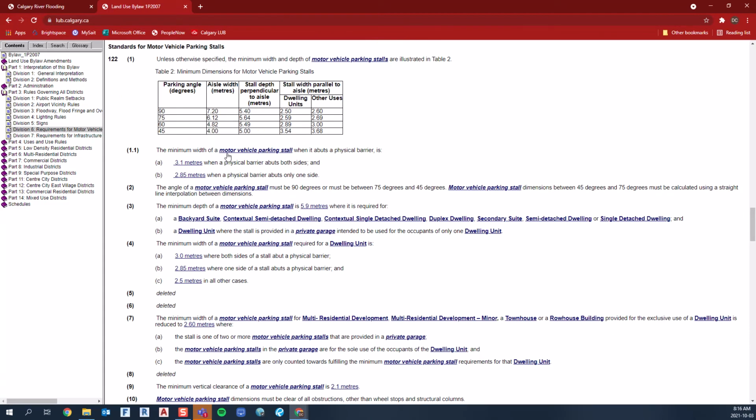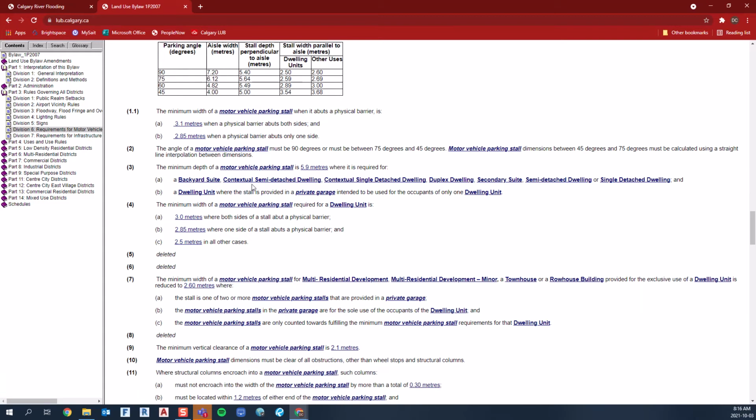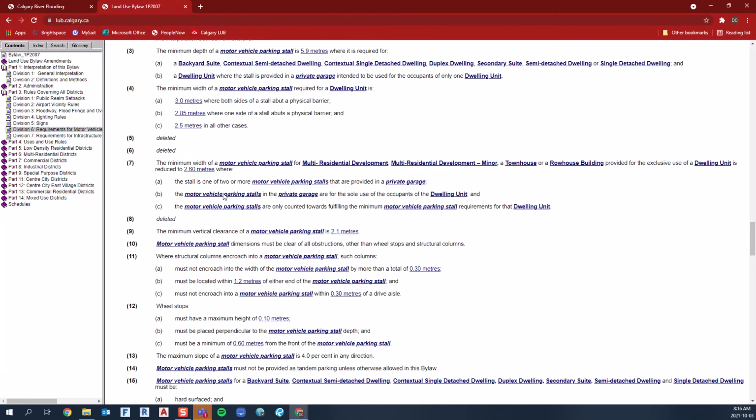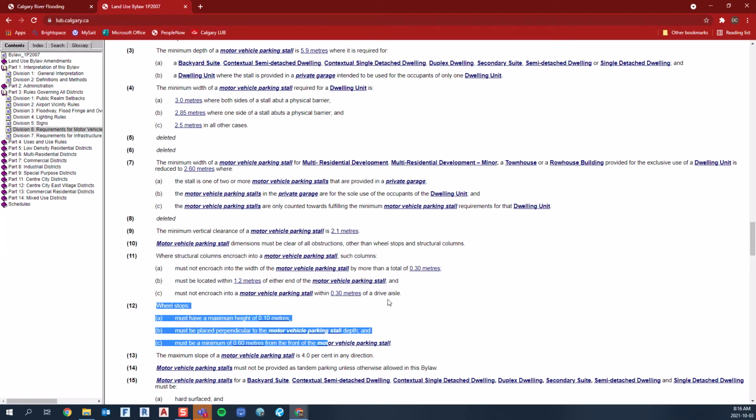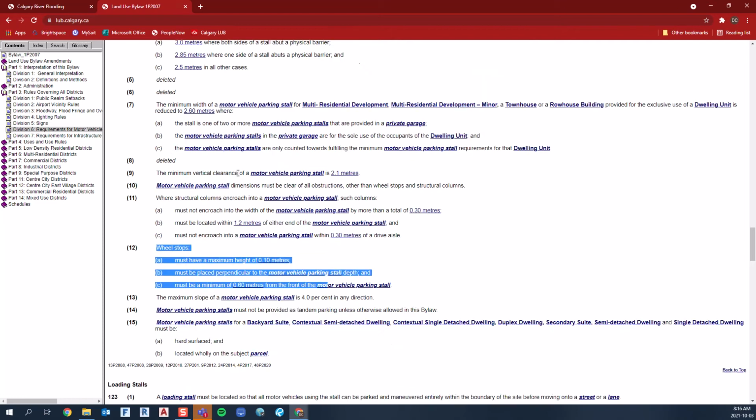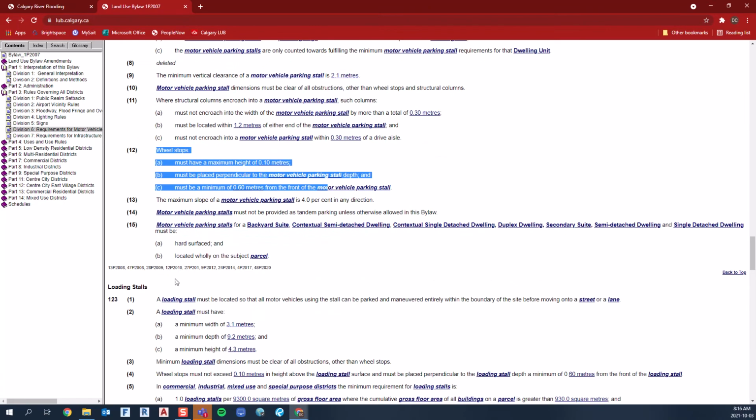You find the width of the stall here, but you also have to read through the other stuff in here as well. If you're into parkades, you have to look at how the column's interacting with that parking stall, and if you have wheel stops, where they're needed and what they have to be like, that type of stuff. So you have to read through the whole thing. Loading stalls is in there, and that's an important one.